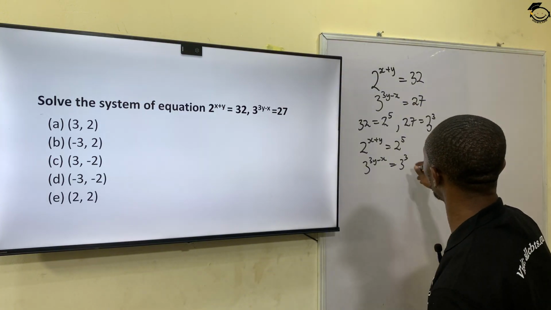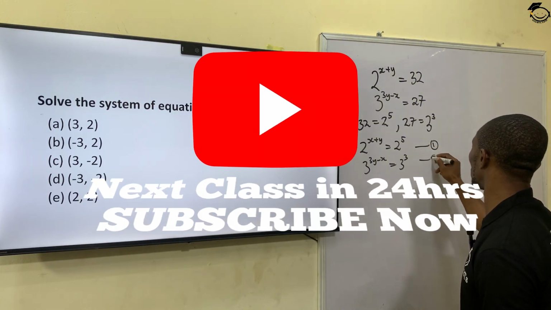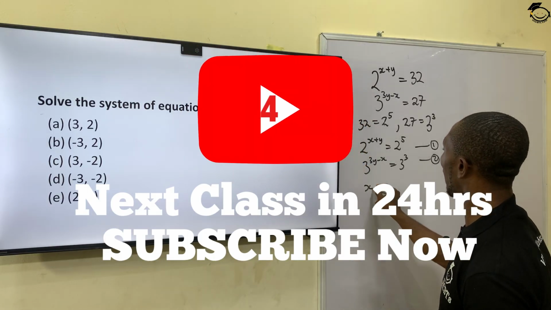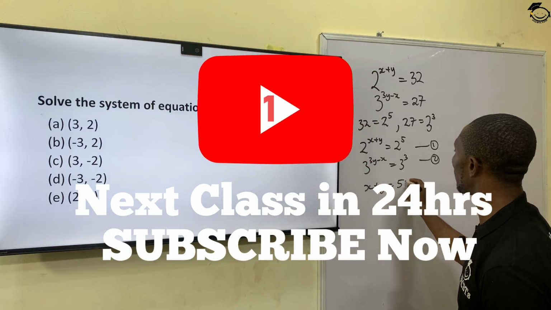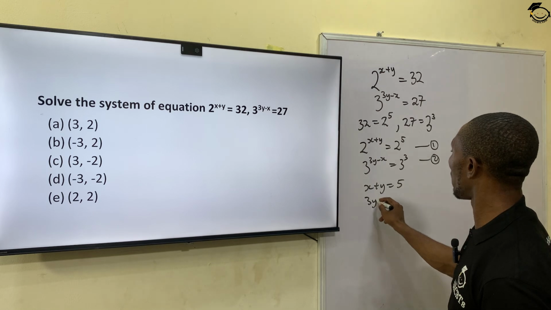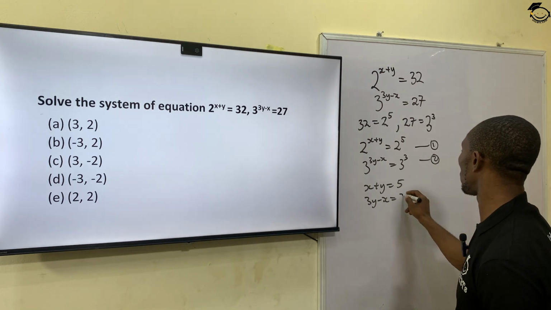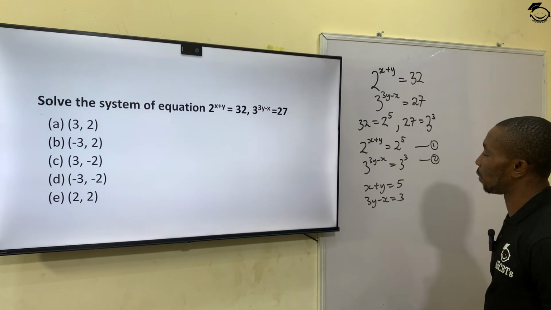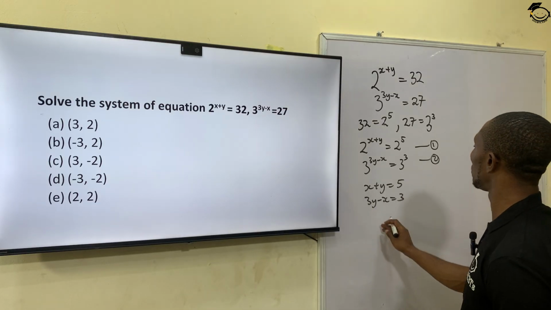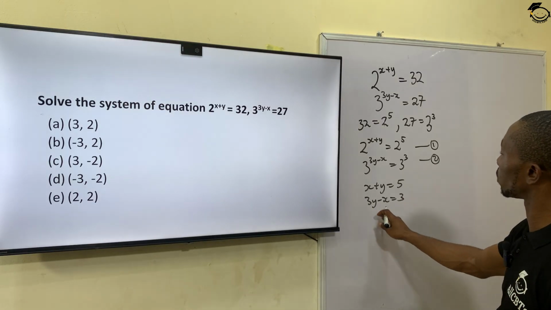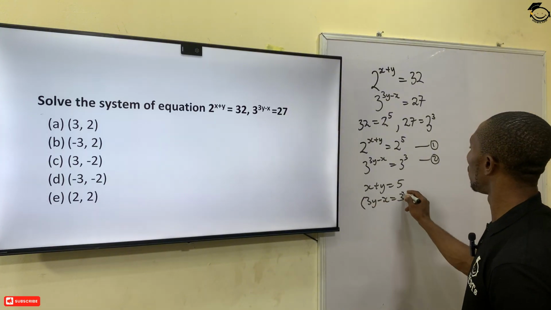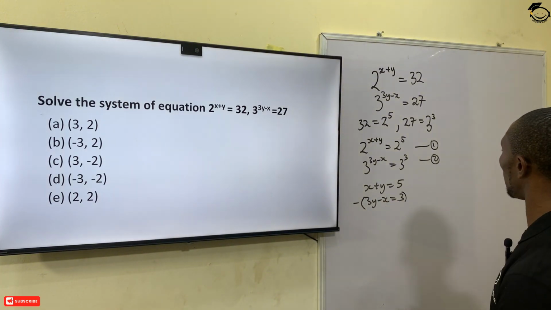Now, equating our bases for both equation 1 and equation 2, this becomes x plus y equals 5, and 3y minus x equals 3. Now we are going to rewrite this equation, making our x positive. To make our x positive, we'll multiply this by a negative.